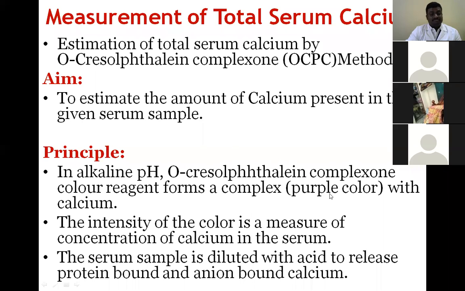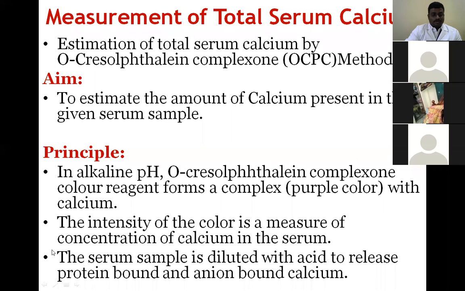If it has low calcium concentration, it gives less purple color. The intensity of the color is a measure of the concentration of calcium in the serum. The serum sample is diluted with acid to release protein bound and anion bound calcium.